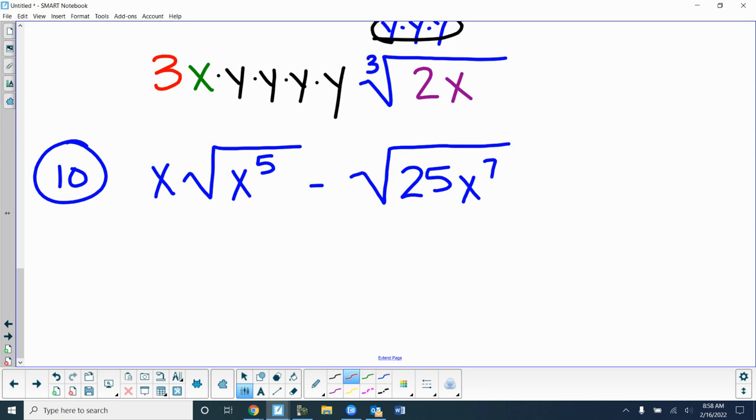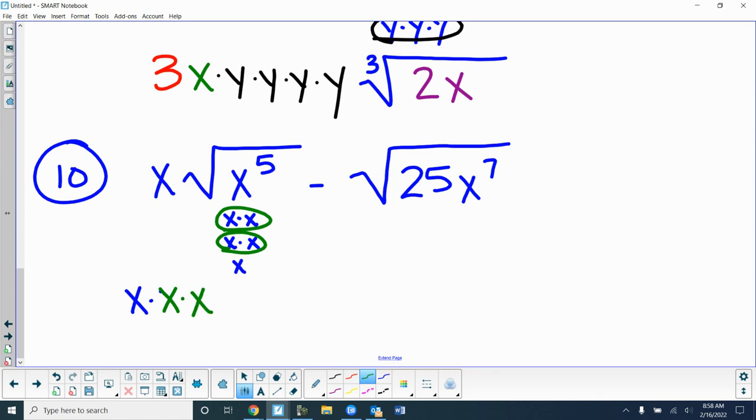So for the x's, there's 2, 3, 4, there's 5. So I have 2 groups of 2. 2 groups of 2 x's, right? So I've got an x out there, a blue one, and now 2 green ones, right?